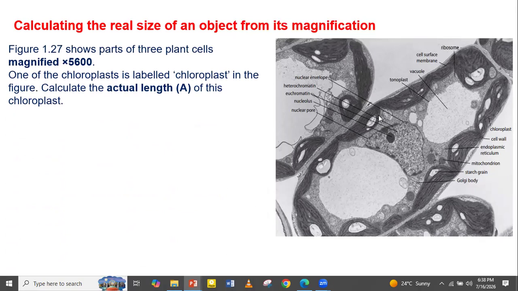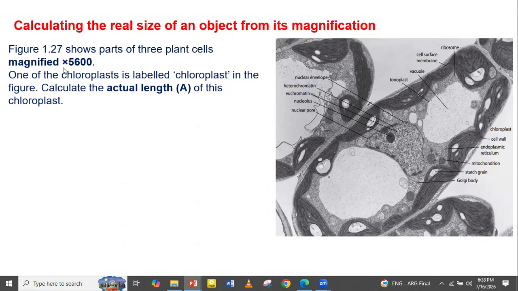This means that you should be able to identify different organelles inside a cell. If they mention a chloroplast, can I tell this is the chloroplast? If they mention a mitochondrion, can I tell this is a mitochondrion? Because if you can't, then you can't carry out the calculation.